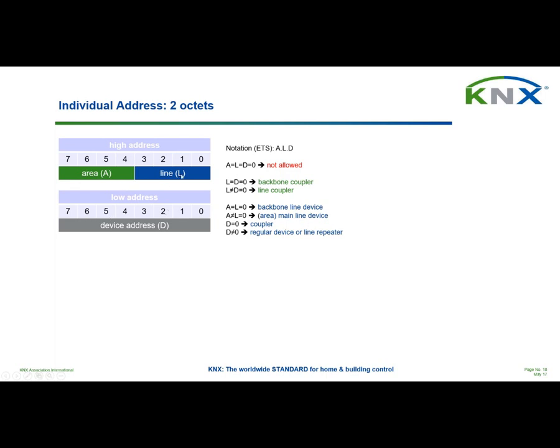If L and D are 0, so the line address and the device address are both 0, then this device is a backbone coupler. If, however, only D, the low address, is 0, and L is not 0, then this is a line coupler.